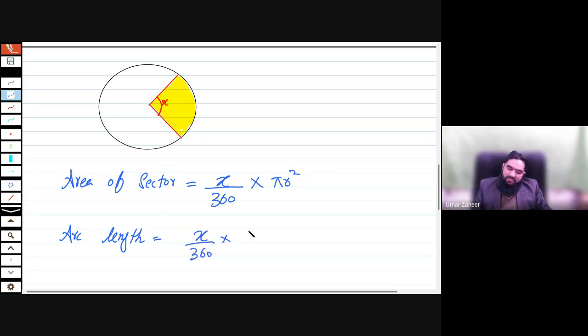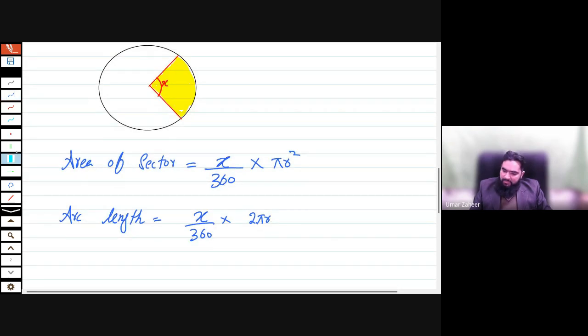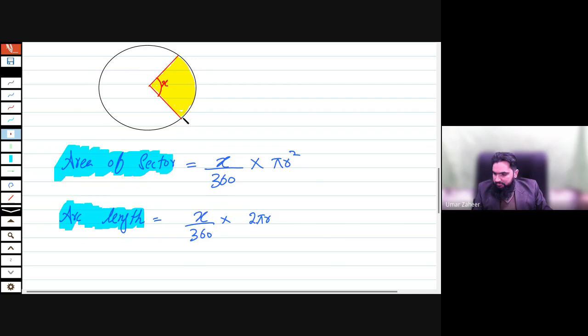Arc length is basically a part of the circumference, so multiply by 2 pi r. So we have these two formulas. The one is for the area of a sector, the second one is the arc length. Any question up to here? No, sir.